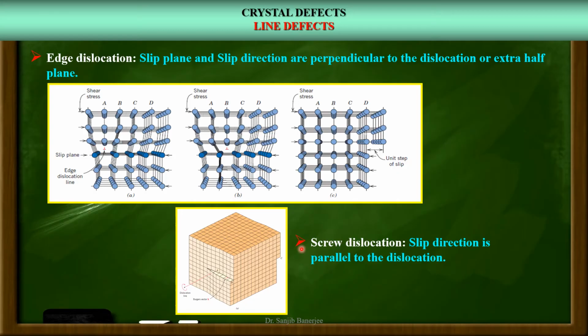So in case of screw dislocation, the slip direction is parallel to the dislocation itself, which is unlike the edge dislocation where the slip plane and slip direction are perpendicular to the dislocation or the extra half plane. So these edge dislocation and screw dislocations are two types of dislocations or line defects.